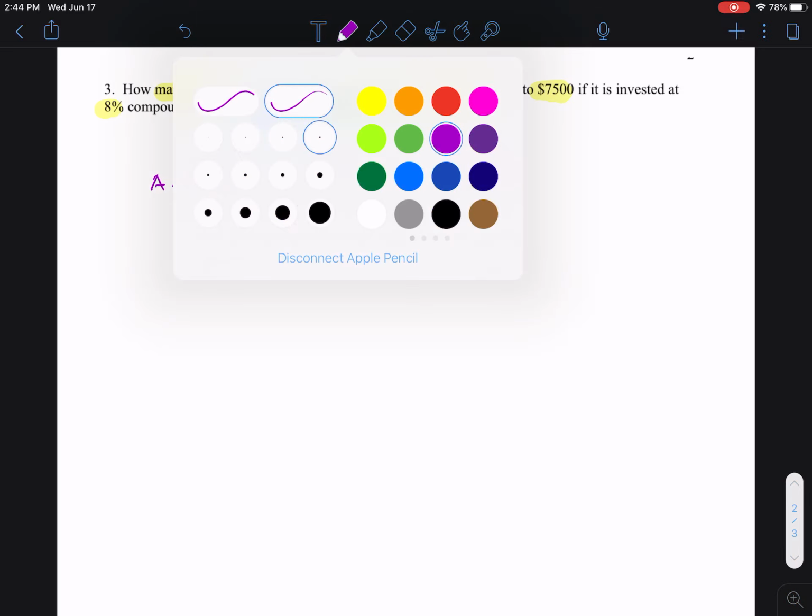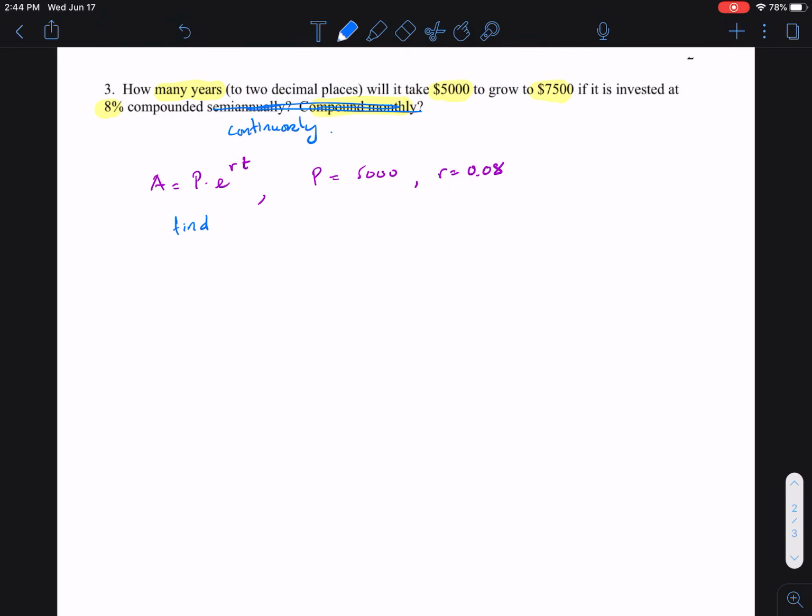And we want to find t, such that the value in the account, we call that A of t, is 7,500. Excuse me, 7,500, not 75,000. And we know what P is, the initial investment or the principal, which is 5,000, times e to the 0.08 t. Now we're supposed to solve for t.